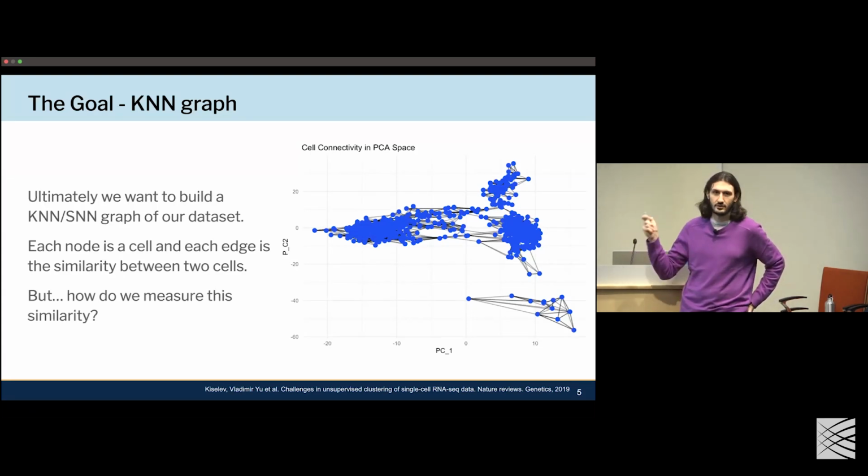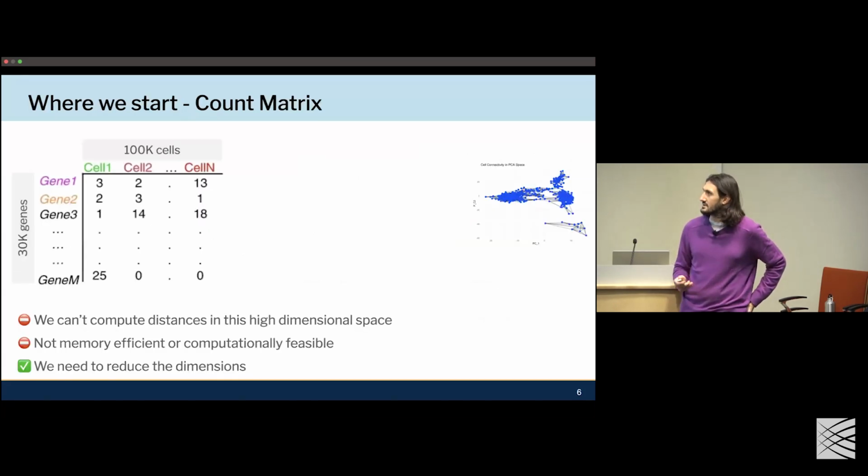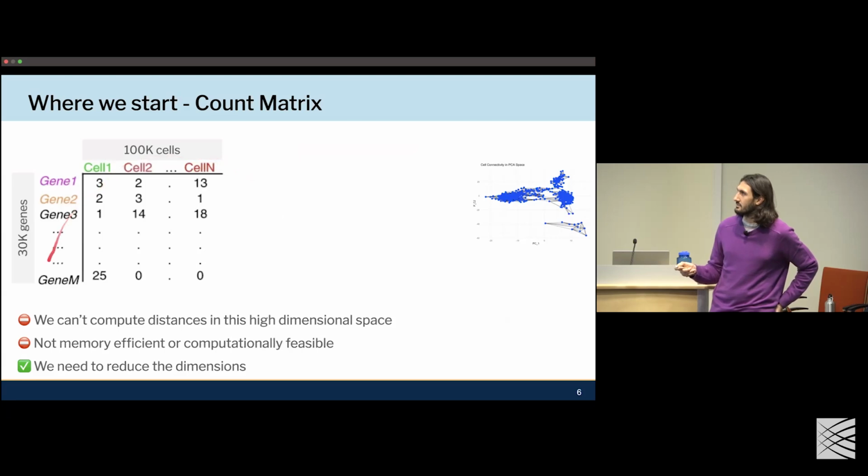How we get from our count matrix to here is the complicated part, because you can imagine that as we start to have more and more cells, the problem becomes intractable in terms of how you can compute distances between these cells. So let's say we start with our gene matrix, which has 30,000 genes and 100,000 cells.